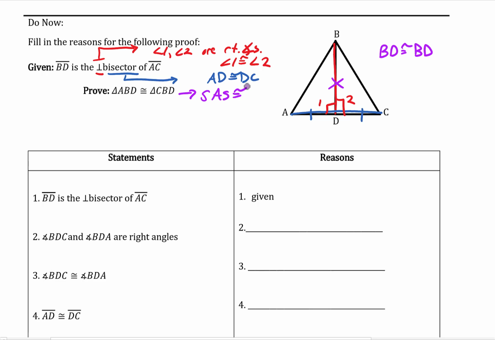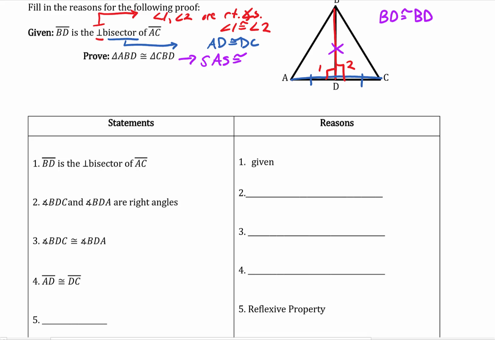So let's get started. Looking at it, what are the reasons? BD is a perpendicular bisector of AC. That's given. And using this information, we're able to get this. Why? Well, angle BDC, that's our angle 2, and angle BDA, that's our angle 1, are right angles. Why?